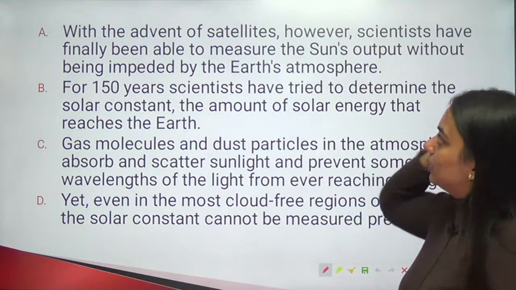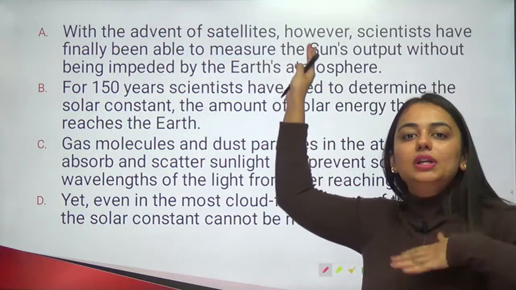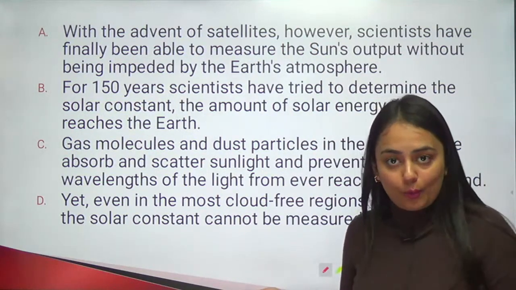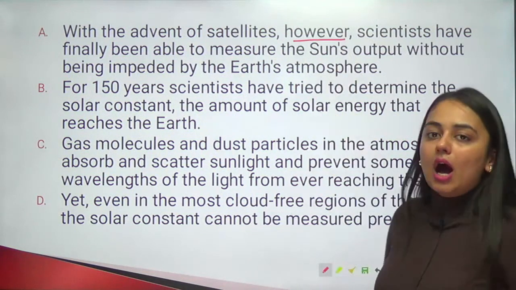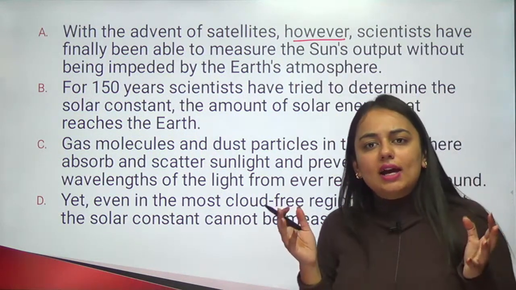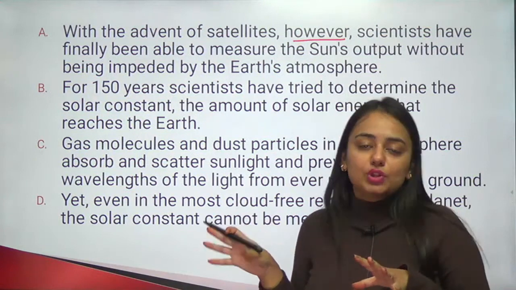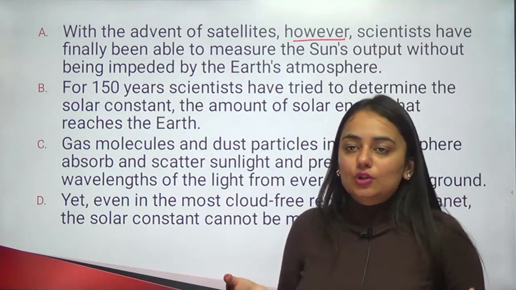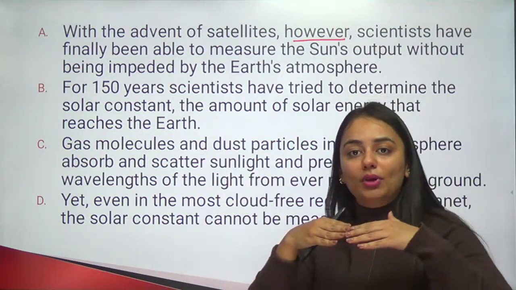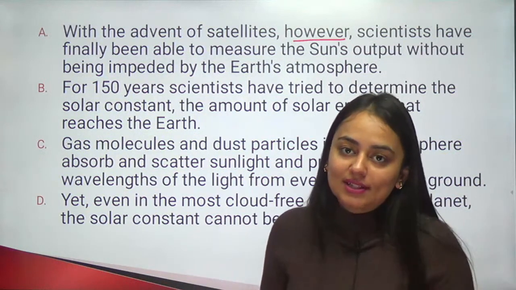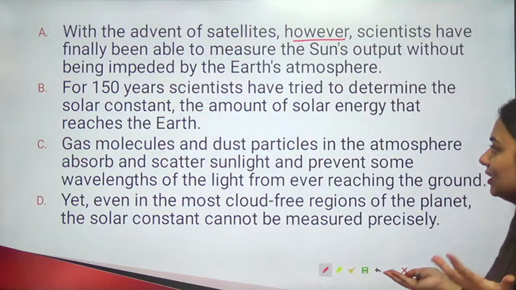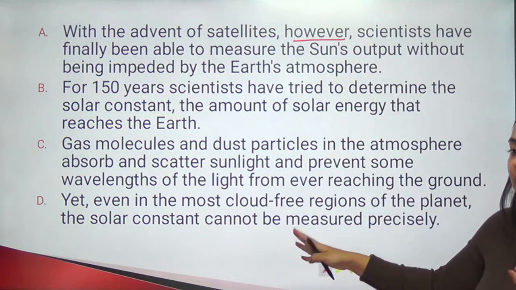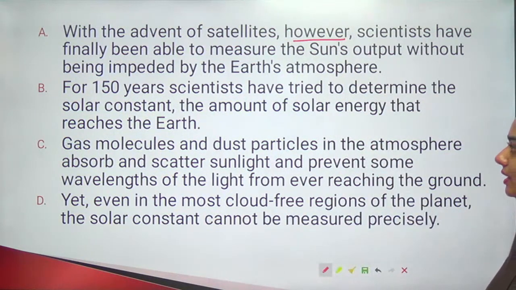But this particular sentence is saying that we have been successful at it now. So, another keyword, however. "However" suggests as if something has happened before this, which is quite contrary to it. So even after so many hurdles, however, we are still able to count the sun's solar constant or whatever they are looking for. We'll get to know after reading the rest of the sentences.